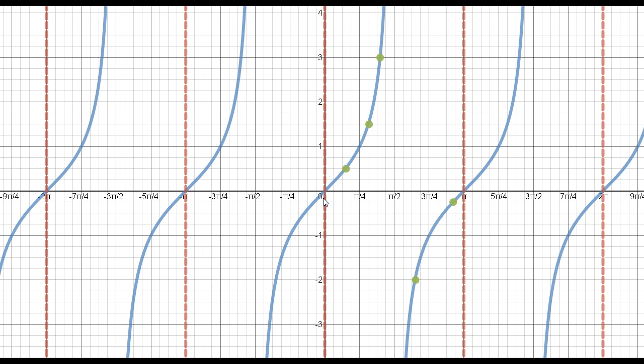Now, I'm going to graph some dots that will represent the reciprocals of these y values using the same x values. Okay, so if you look at this, for this x value, the y value is 1/2. So the reciprocal of 1/2 would be 2. For this point, the y value is 3/2. The reciprocal of that is 2/3. That would be this value. Up here, the y value is 3.